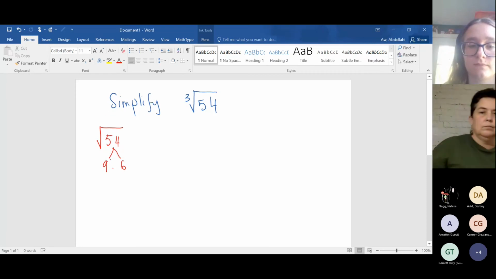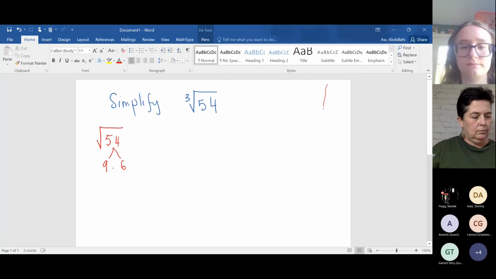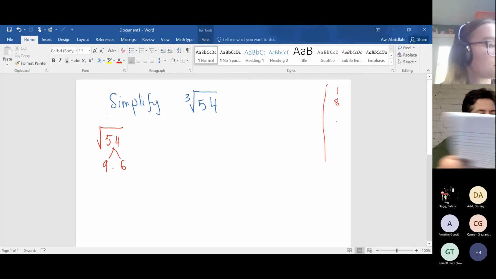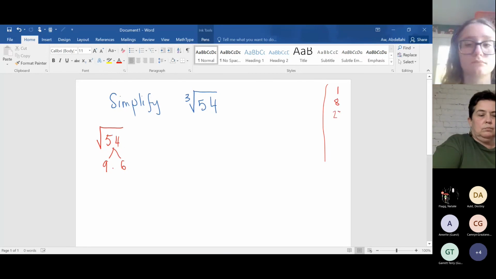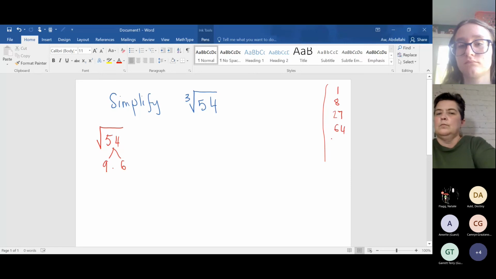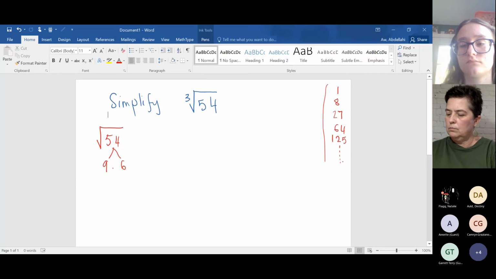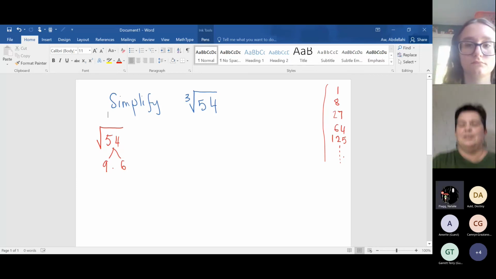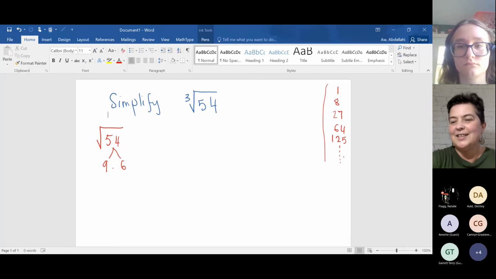No. What are the perfect cubes? 1 is a perfect cube. 8 is a perfect cube. 27 is a perfect cube. 64 is a perfect cube. 125 is a perfect cube, and so on. I have exhausted my mental math. After that, I have to use a calculator.